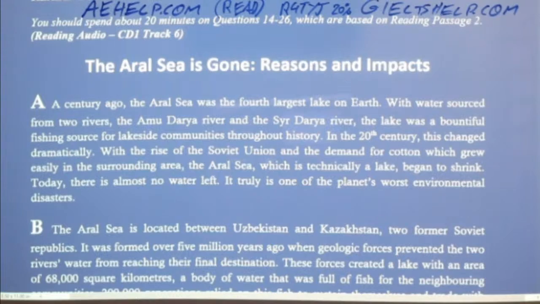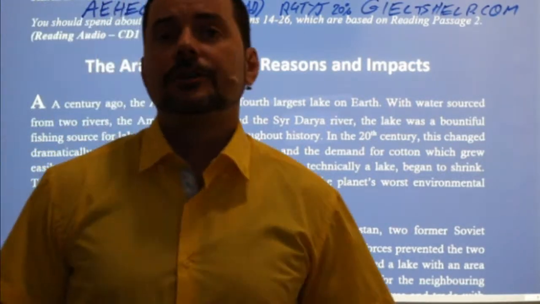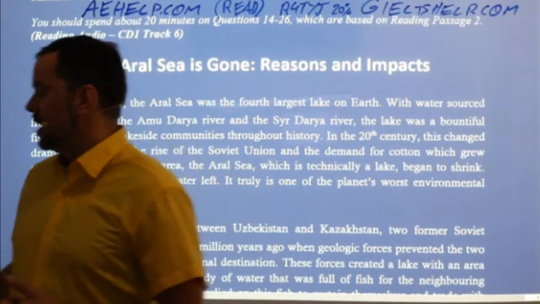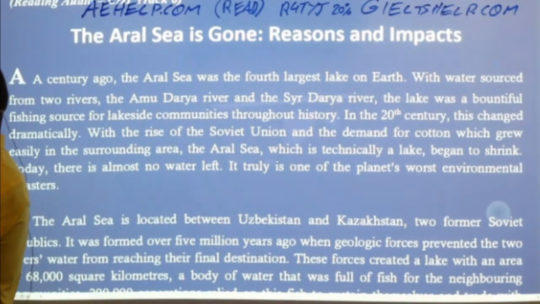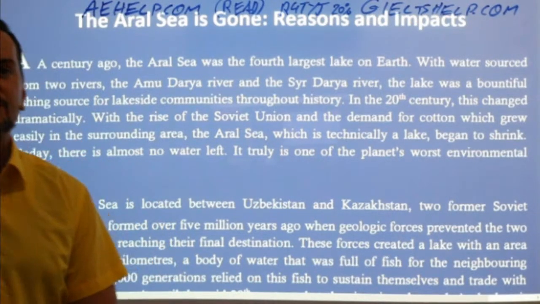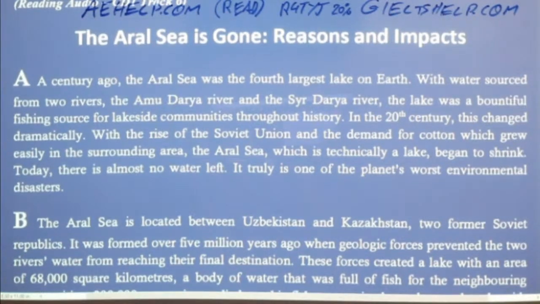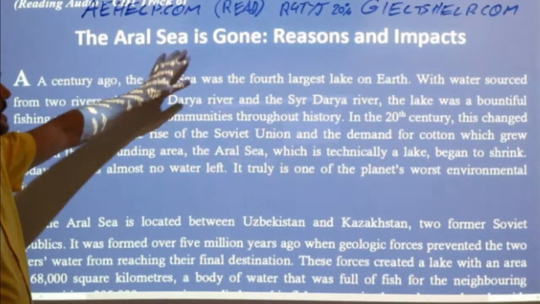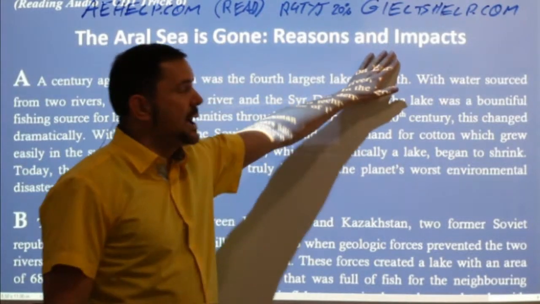So step number 1 when you get to a reading passage is always to read the title. I'm going to make this as big as possible so you can read it. I'm sure some of you are studying from your mobile phones. So the title here is "The RLC is Gone, Reasons and Impacts."